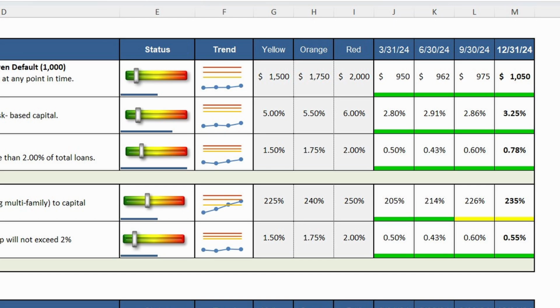Now, when we start getting into status, we've got 2 different kinds of statuses, and this is where it's really important to understand the difference between the metric status and the risk status. Again, those are not the same thing. So underneath each of the actual values, I've got a little color bar.